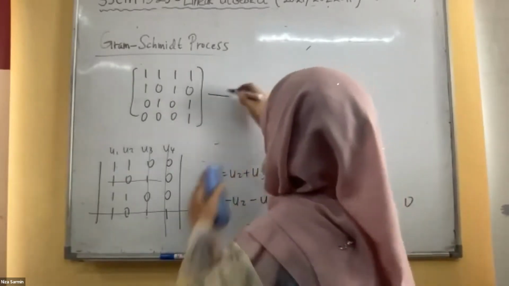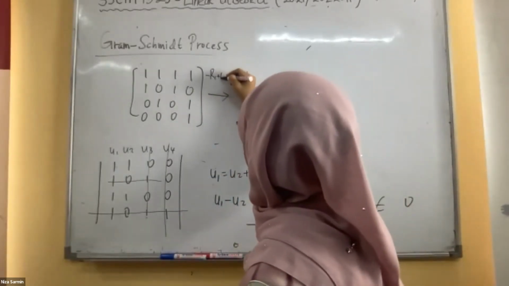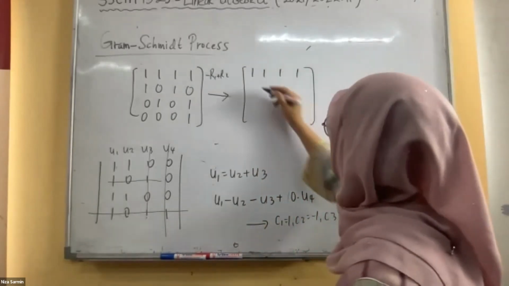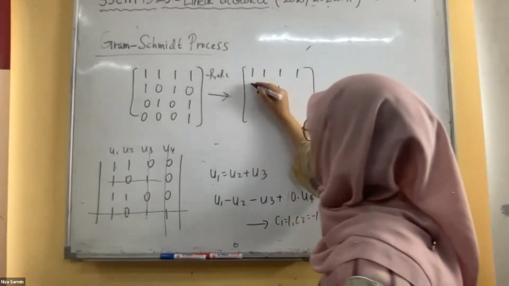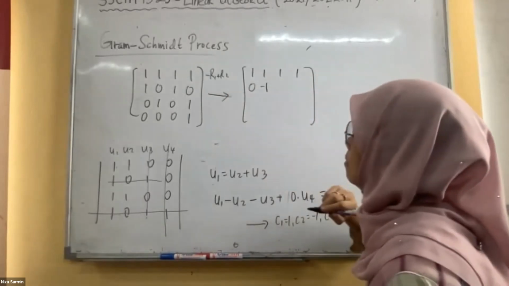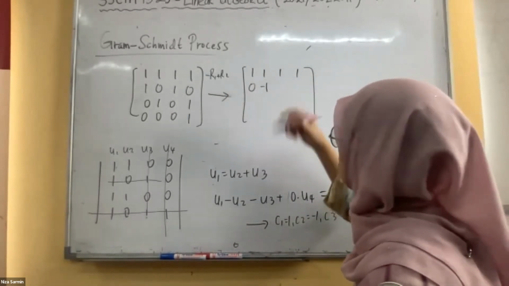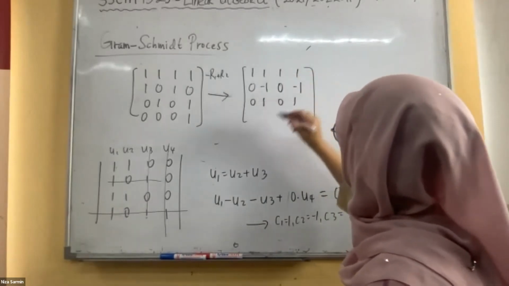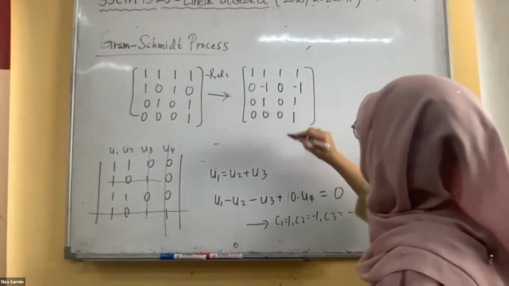So 1, 1, 1, 1 minus row 1 plus row 2, 0, -1, 0, -1. I got 0, 1, 0, 1, 0, 0, 0, 1.